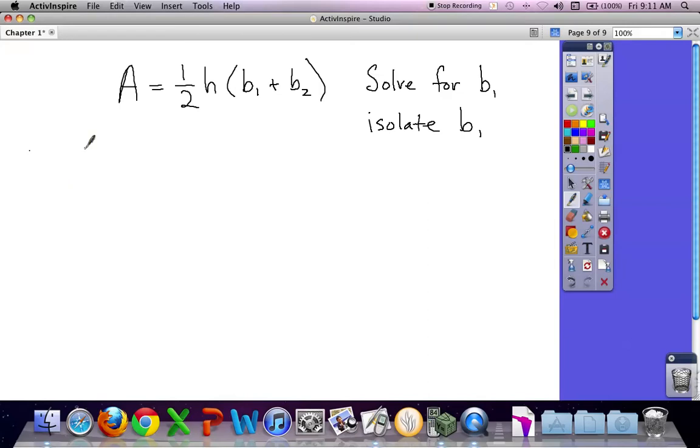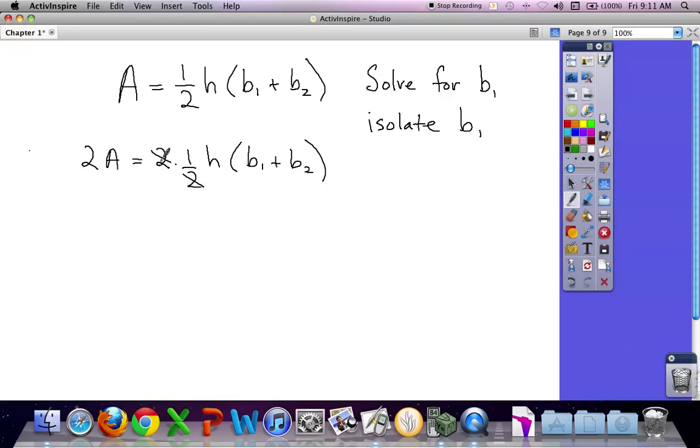So let me multiply. 2a equals 2 times 1/2 h parentheses B1 plus B2. By multiplying times 2, the 2 times 1/2, the 2's cancel, and all you're left with is 1.